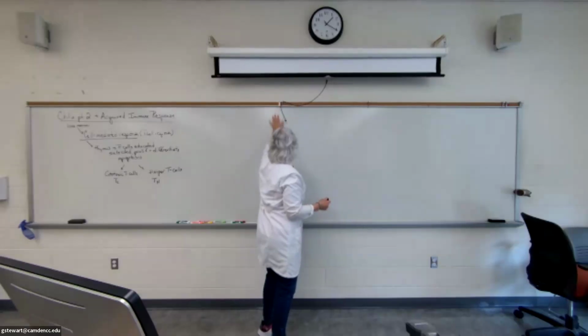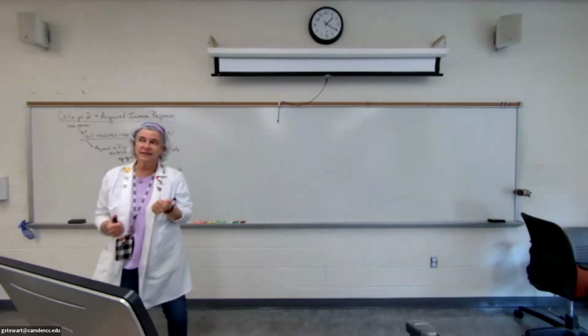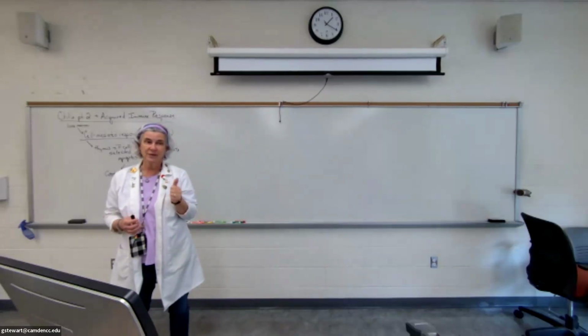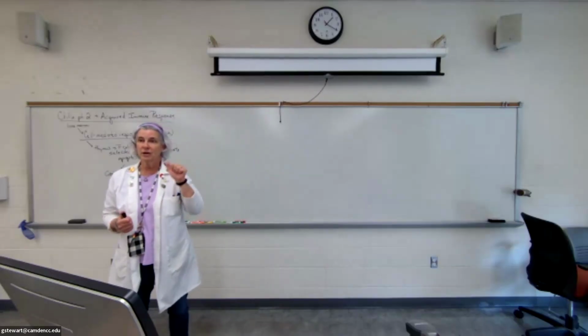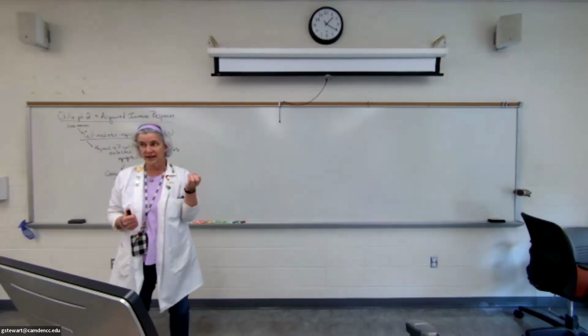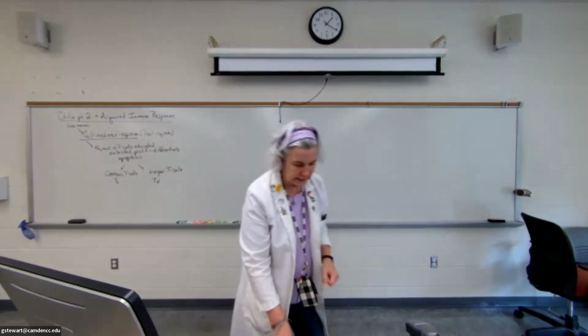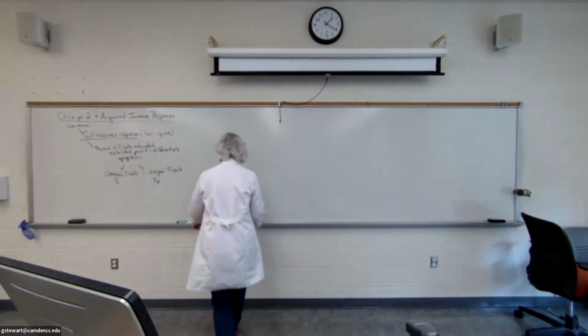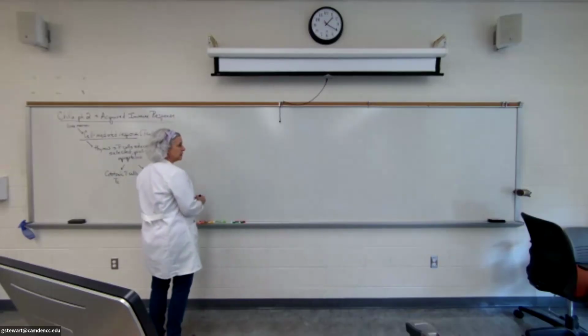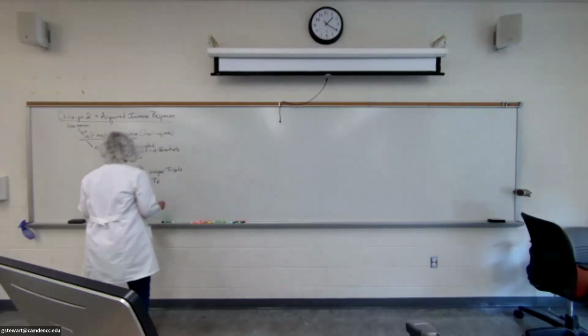So I'm going to draw on the board how a cytotoxic T cell gets activated first, because that one's a little simpler. And then we'll talk about how helper cells get activated.